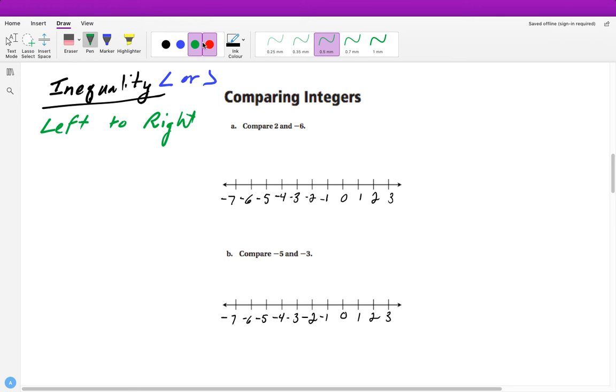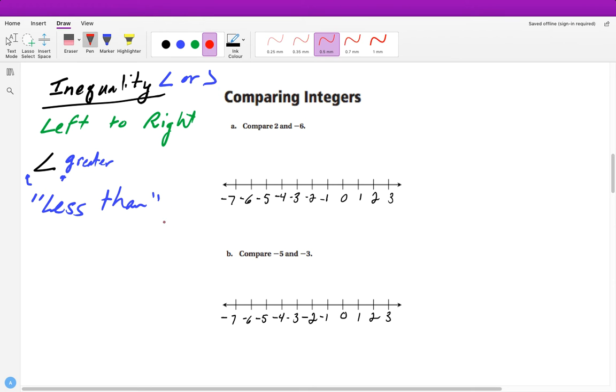When I see this symbol here, the way I read it is: the number on the left-hand side is what, compared to the number on the right-hand side. And remember, you talked about an alligator wanting to eat. The opening side is the side that is greater. Since we're reading this from left to right, this one is read as less than.